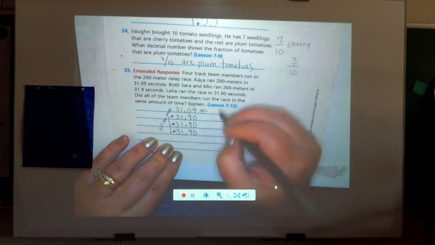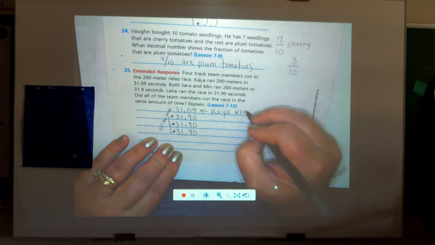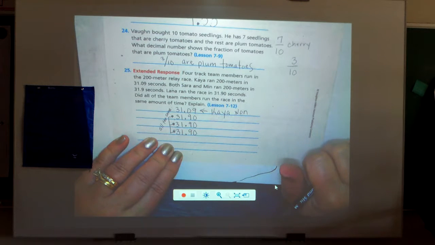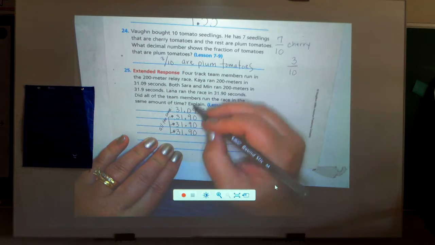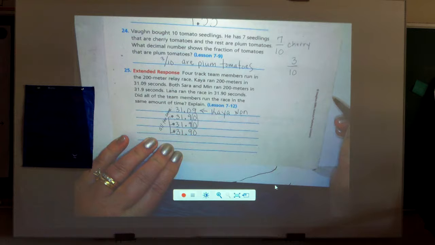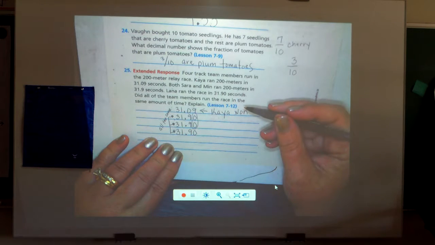And Kaya actually won the race because she's 81 hundredths of a second faster than the other 3 girls. By lining these up and showing that the values are the same, and by adding the zeros to these 2 that were tenths, not hundredths, I showed why they're not the same.